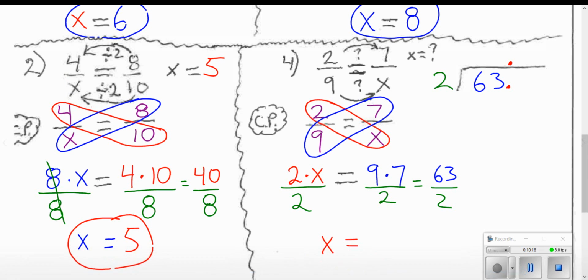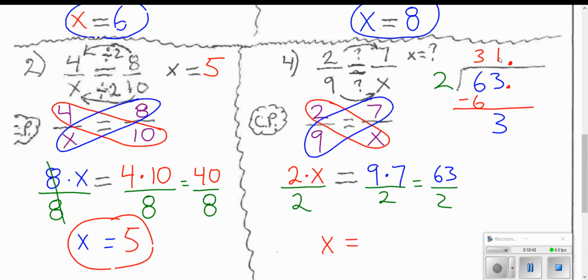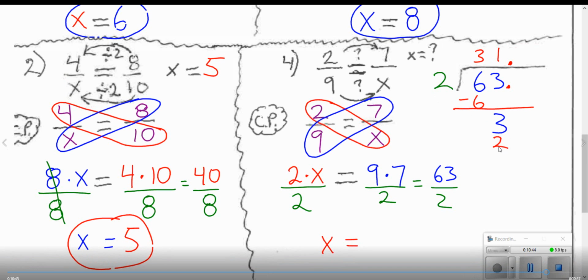And now I start dividing. Let's see, 2 goes into 6, right? 2 goes into 6 3 times. 3 times 2 is 6. I subtract it. There's nothing left. I'll bring down the 3. 2 goes into 3 one time. Just one time. 1 times 2 is 2. I subtract it.